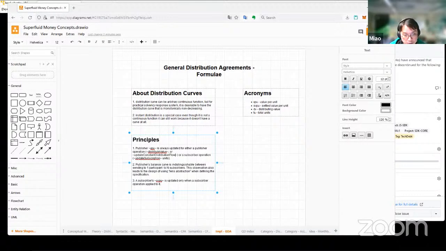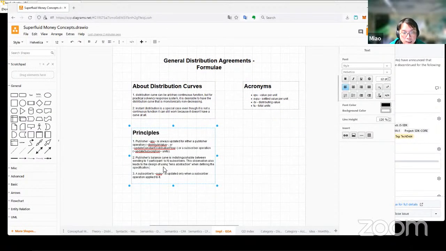Update constant distribution flow is about updating a constant distribution flow. Or a subscriber operation, which is update subscription, which is update the number of units. So all these would trigger a settlement operation to change the value of VPU. In the case of a subscriber operation, it also updates the SVPU, right? Because it's not only the publisher that got influenced, but also that particular subscriber. So that's the general principle. The devil's in the detail, but it's in the spec. I'll show you in a minute.